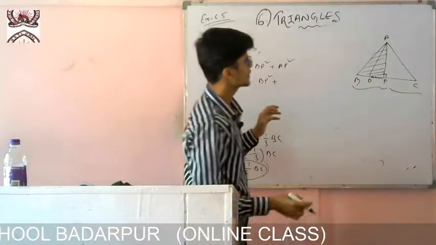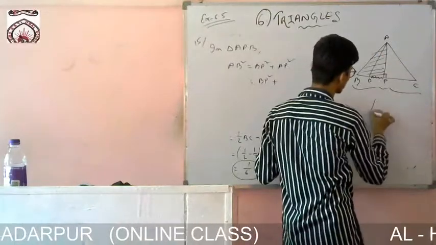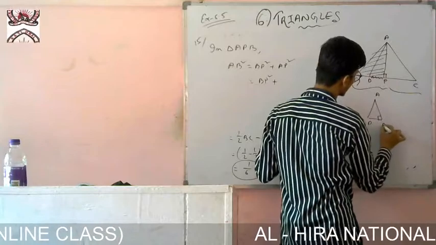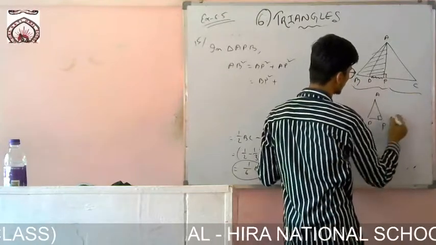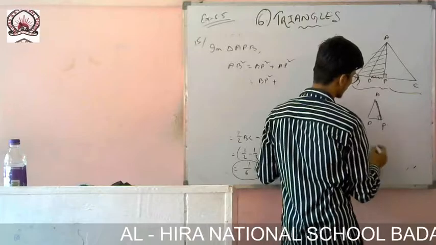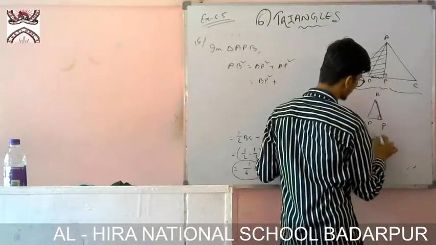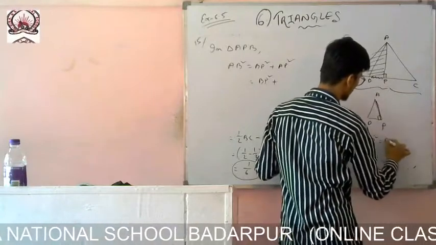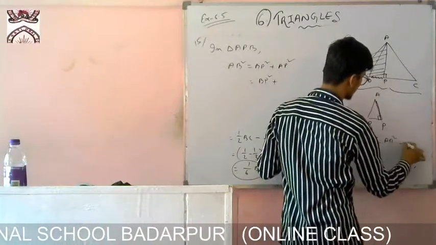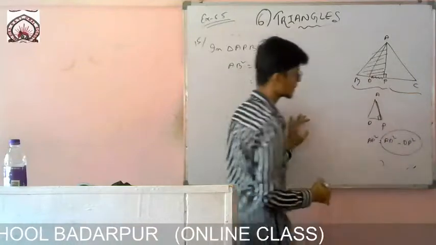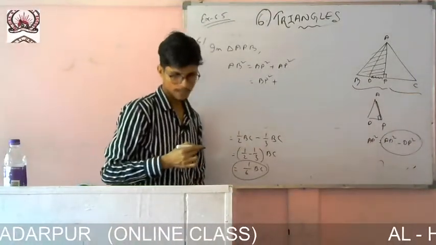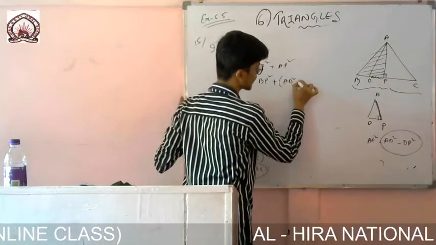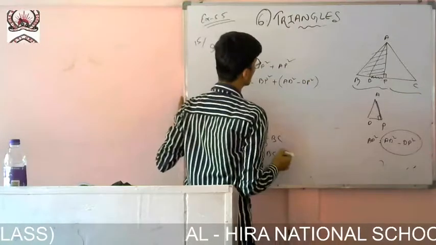If I want to find AP square, then taking this triangle ADP, AD is the hypotenuse, so AP square will be equal to AD square minus DP square. So in place of AP square I am writing AD square minus DP square.